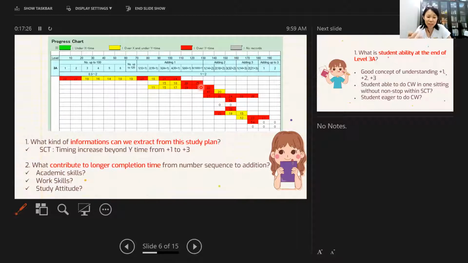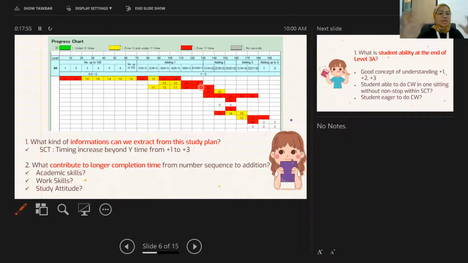Perhaps when he focuses, he could do it within the X and Y properly. Yeah, he may achieve it. Here, +2 and +3, maybe for the first time he hasn't developed mental calculation, so that's why it leads to him using longer time.